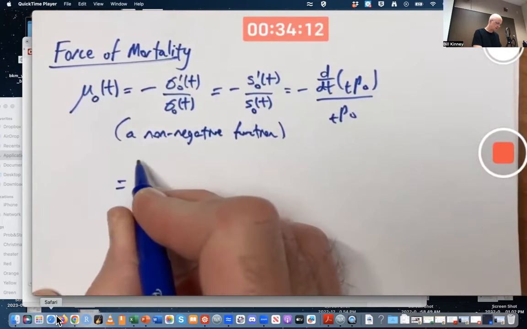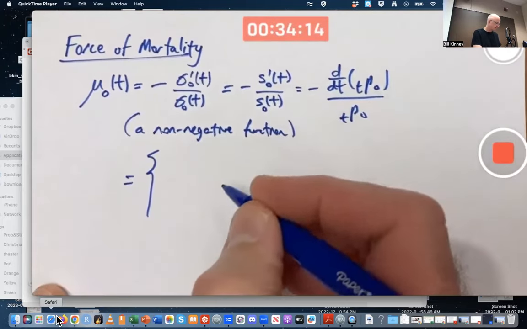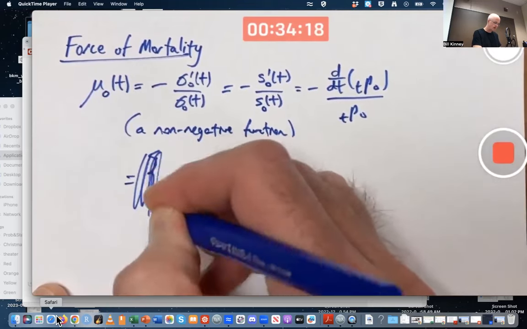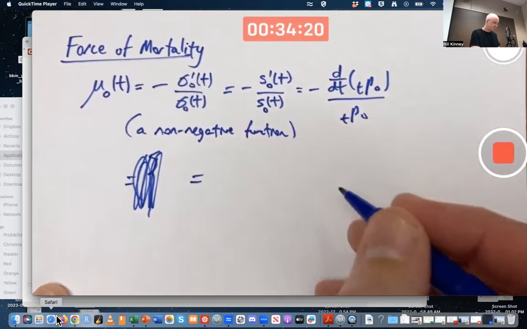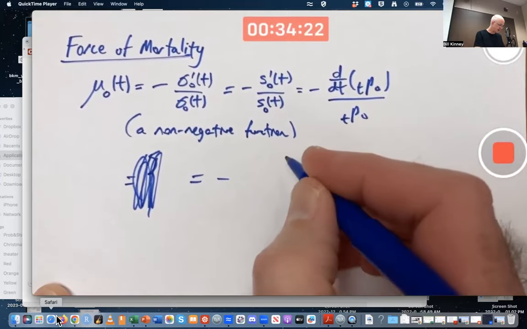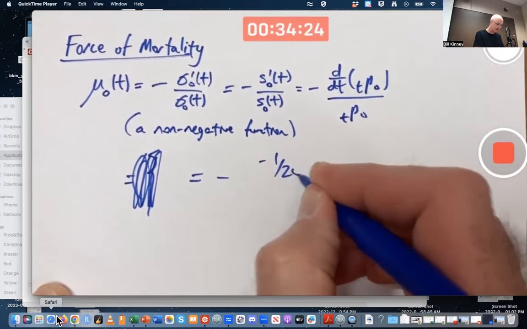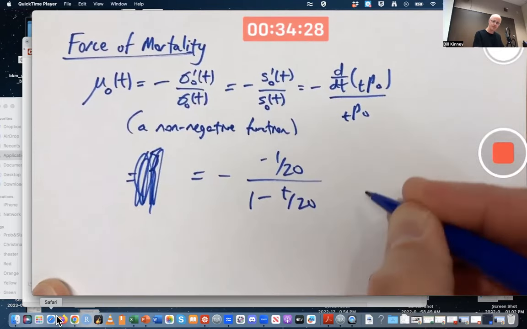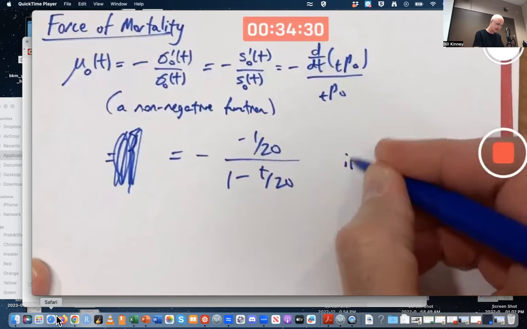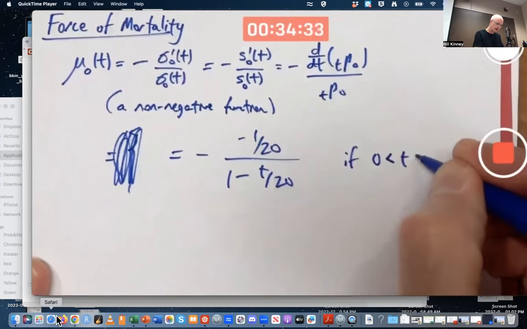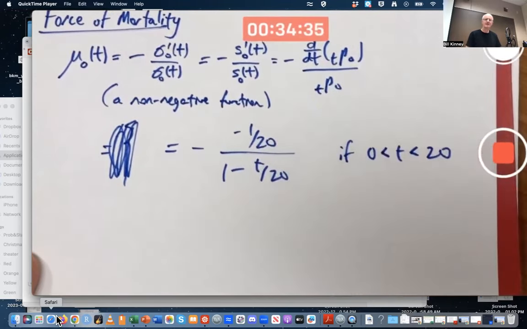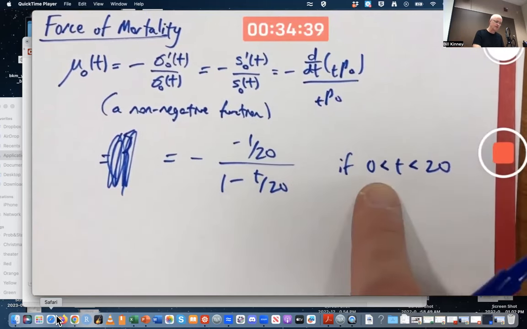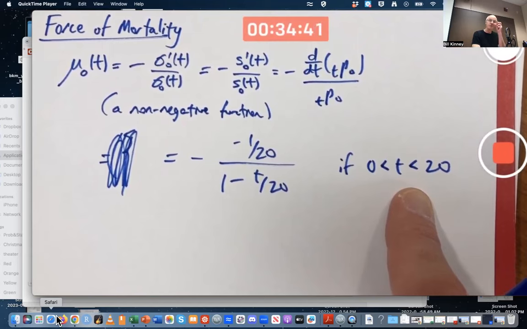So in our example, okay, let's just consider the case where t is between 0 and 20. The derivative is negative 1 over 20. And the function is 1 minus t over 20. This is again if t is between 0 and 20. Now, technically speaking, if you want to be extra picky about it, you really should have strict inequalities here.